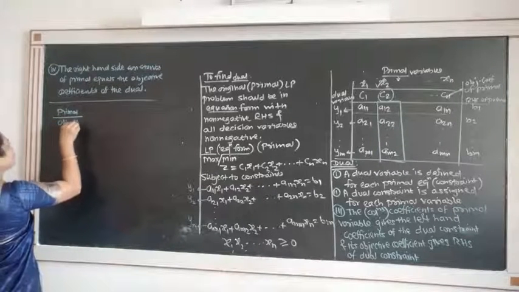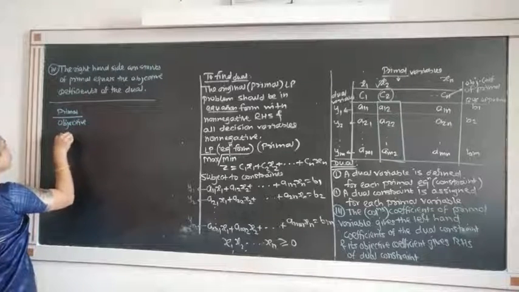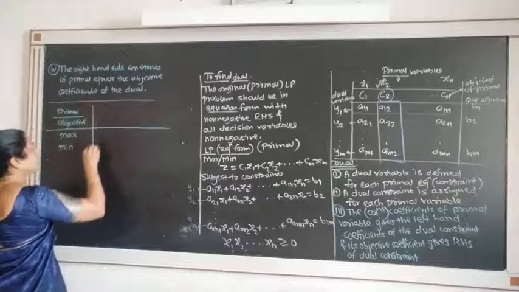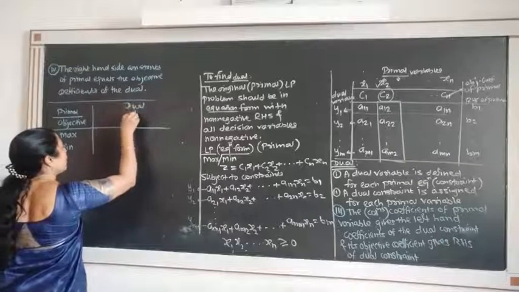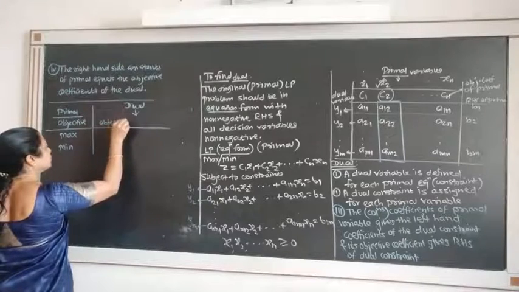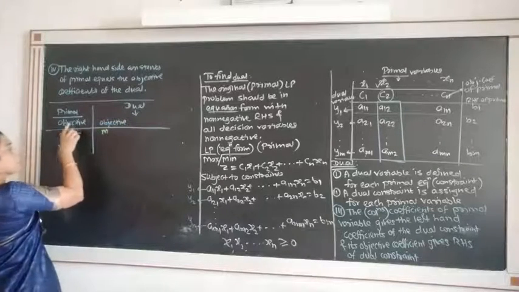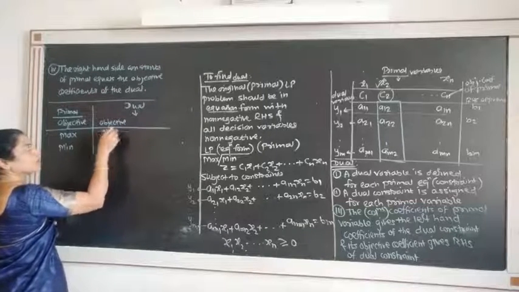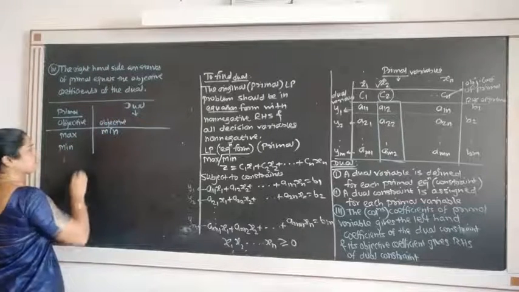For example, remember, in primal the objective function may be of maximization or minimization. What happens in dual? In dual, if in primal the objective is maximization, in dual the objective will be minimization.